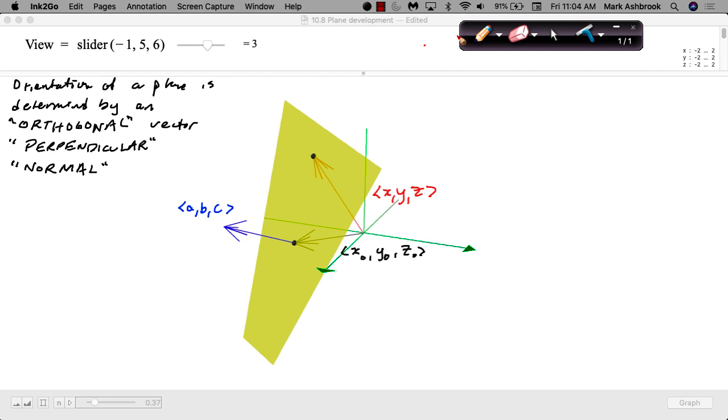Okay, yeah. Do you see that he's talking about this vector right here, from here to here, and that vector is a matter of what operation of vectors? I've got them tail to tail, and I want the vector from x naught, y naught, z naught to x, y, z. Isn't that vector subtraction, right? Remember that?